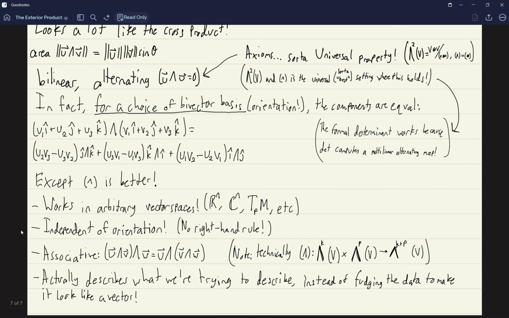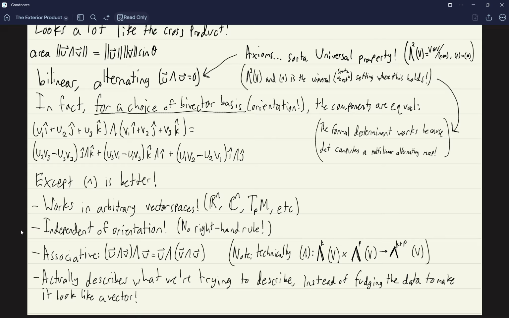And the important thing here is that we're no longer grasping at this idea of a plane through only the notion of a vector. Now that we have this language of k-vectors, or bivectors specifically here, we can use this wedge product, this exterior product, to talk directly about planes themselves without having to take advantage of coincidences that let us turn this data into that of a confusing and dubious vector.